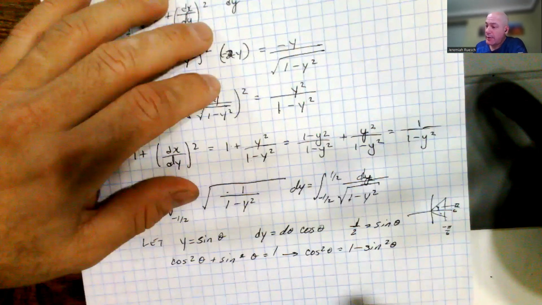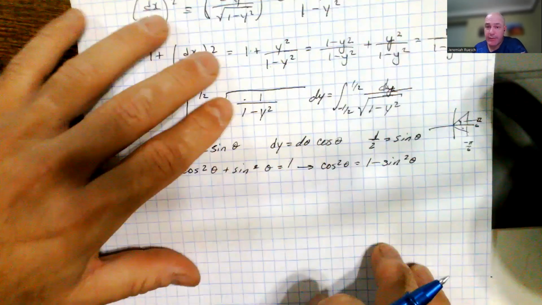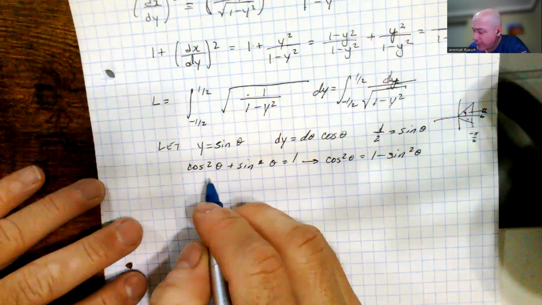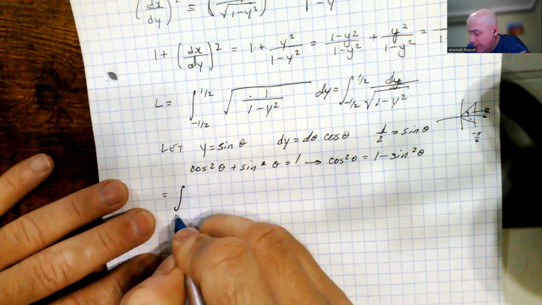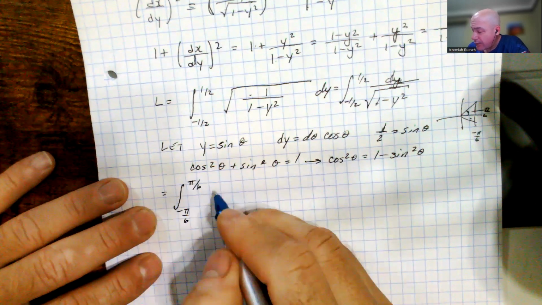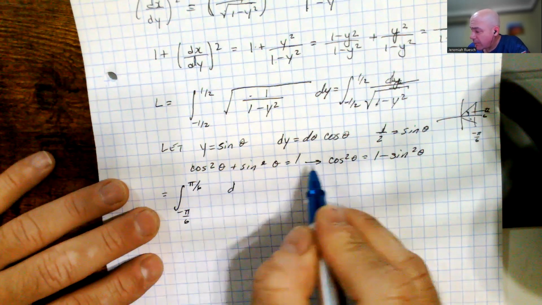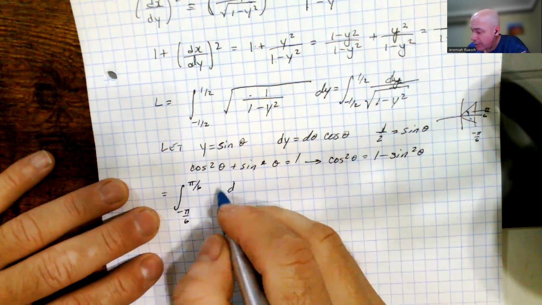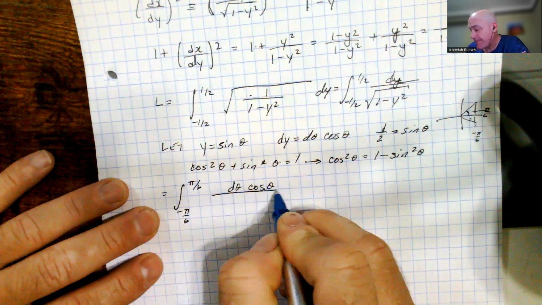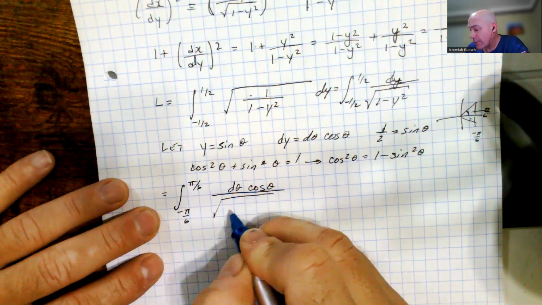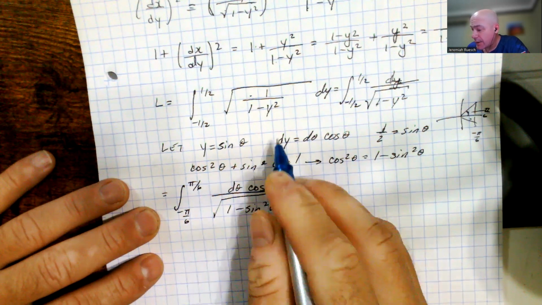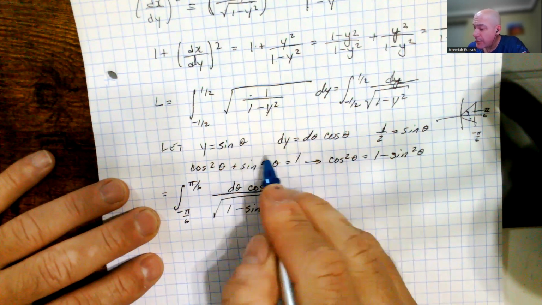Let's plug all this in and see what happens. We have the integral from negative pi over 6 to pi over 6. We have dy, which became cosine theta d theta. Then we have the square root of 1 minus sine squared theta, plugging in y equals sine theta.